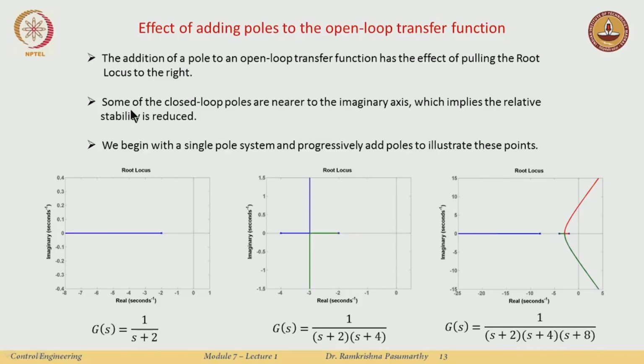So, what is happening? First, the root locus which was just going to infinity in the first case is now pulled a little bit to the right. The root locus exists just in this domain, it was earlier existing in this entire domain here, and I add one more pole and it shifts it further to the right in such a way that it can also go to the verge of instability after I attain a particular value of the gain k.